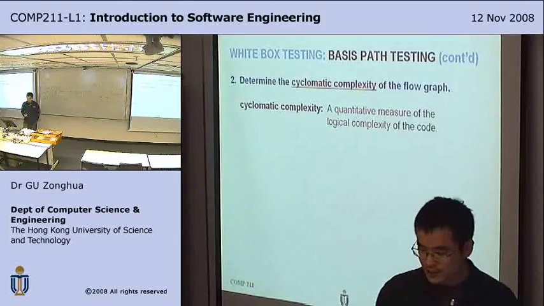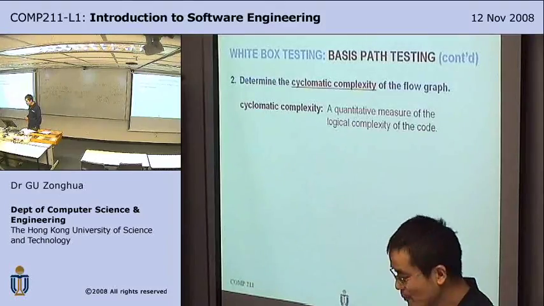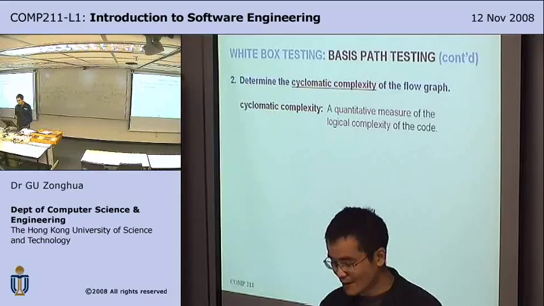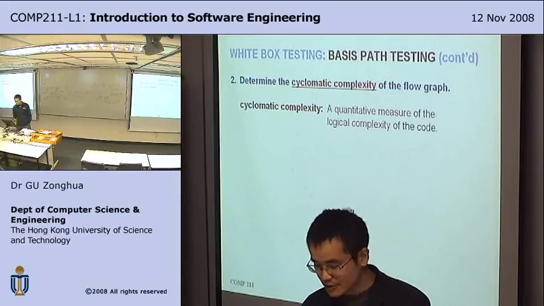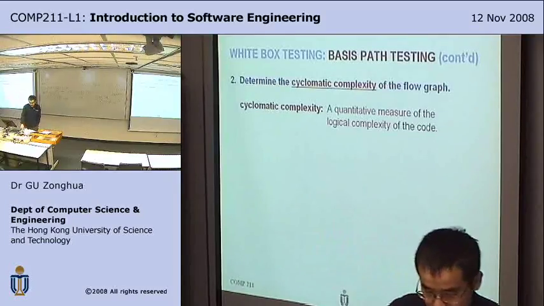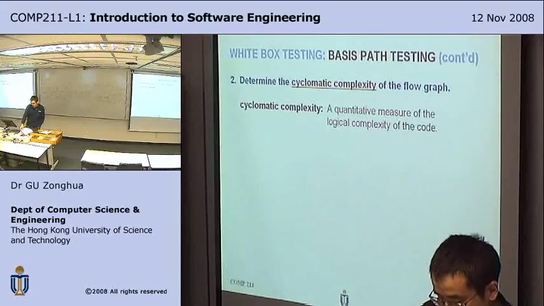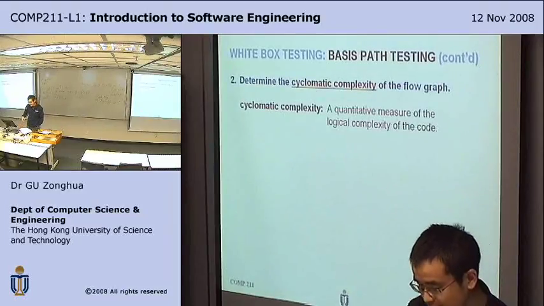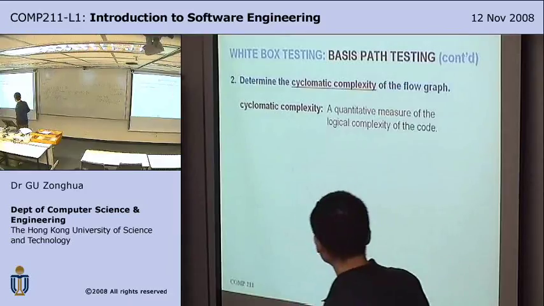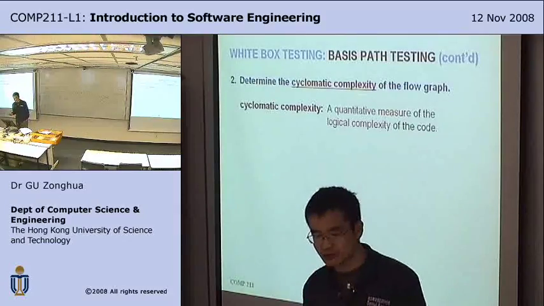Cyclomatic complexity is a quantitative measure of the logical complexity of the code. So it's a logical complexity, meaning that it measures the control flow complexity, not the computational complexity.